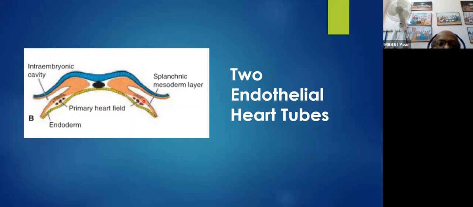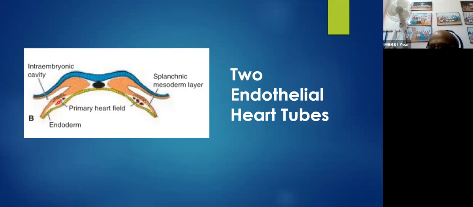This is the splanchnopleuric layer of intraembryonic mesoderm, and this is the somatopleuric layer that is in contact with the ectoderm. In this splanchnopleuric layer of lateral plate mesoderm, at the site of the primary heart field, we have formation of two endothelial heart tubes. So the first thing you have to remember is that it is mesodermal in origin. The next point is that we have formation of two endothelial heart tubes in the splanchnopleuric layer of intraembryonic mesoderm. That you have to remember.